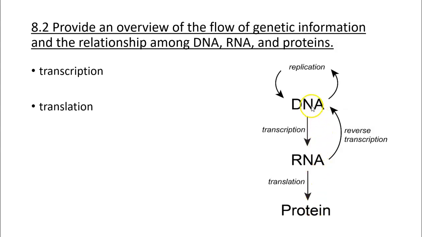So if we look at our recipe book, I have a cookbook. I have all sorts of cookbooks. But here's my recipe book, my cookbook, and it has all the instructions to make all the foods that I like or that I need. And we can look at DNA in that way. DNA has all the instructions to make all the proteins a cell needs. So what the heck is the RNA doing?